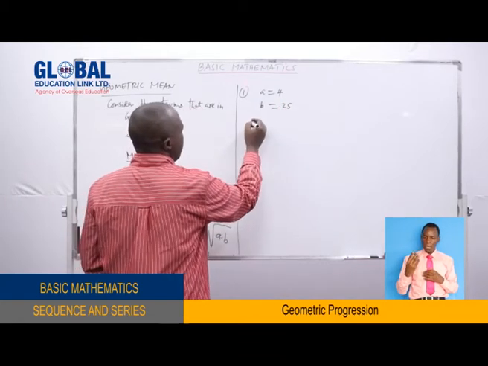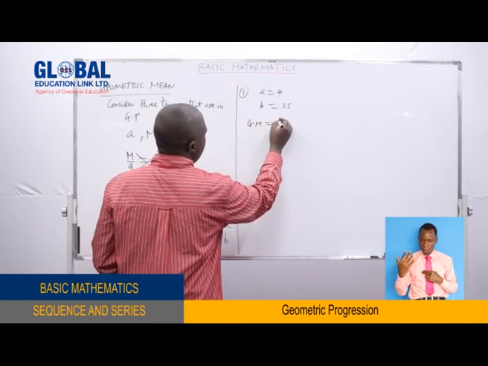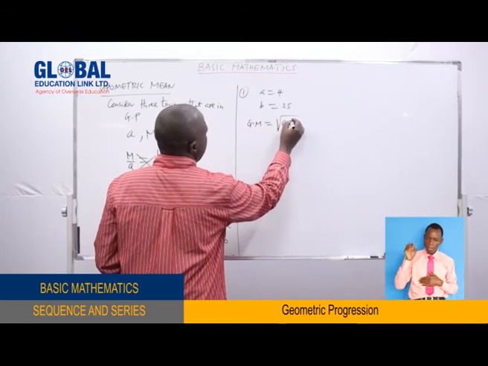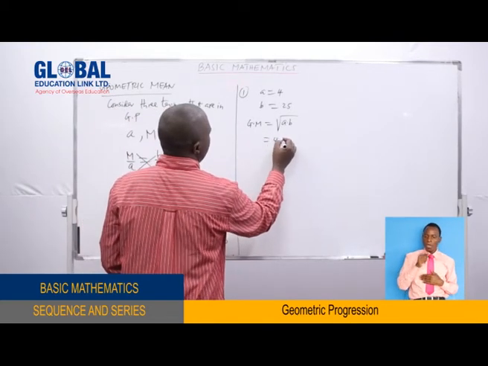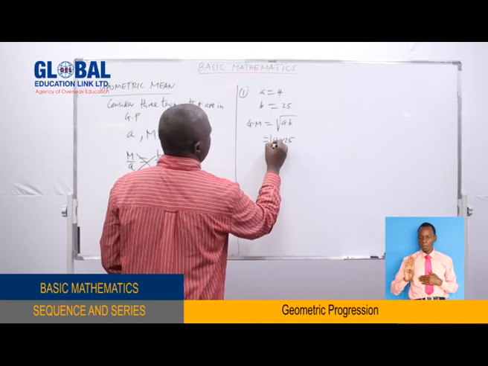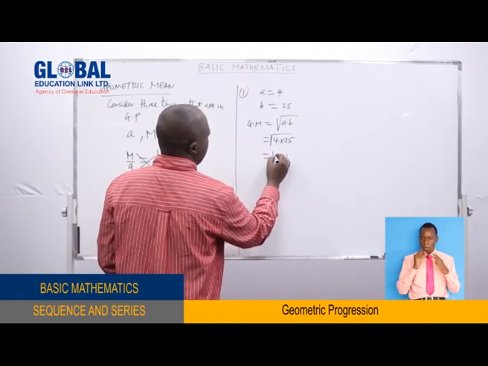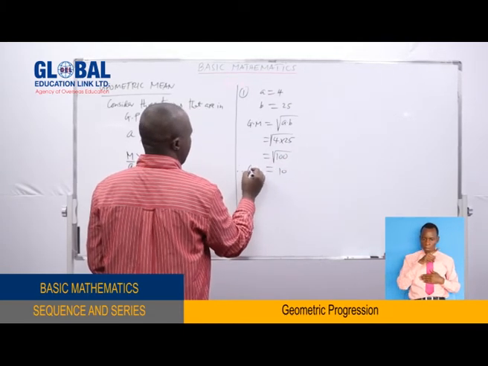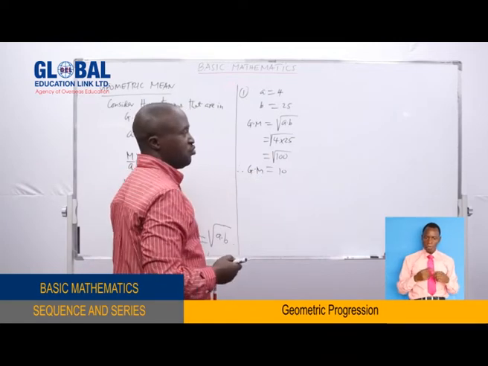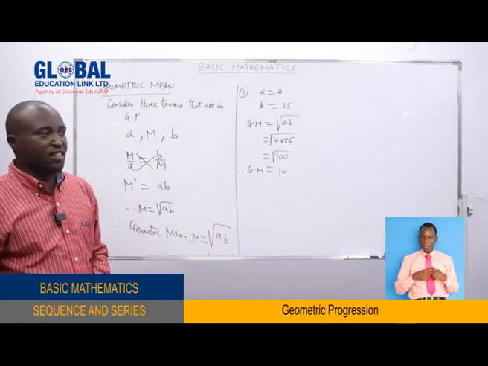Our formula, geometric mean, is equal to the square root of a times b. So we have 4 times 25 under the root, which is the same as the square root of 100. So this is equal to 10. Therefore, the geometric mean between 4 and 25 is equal to 10.